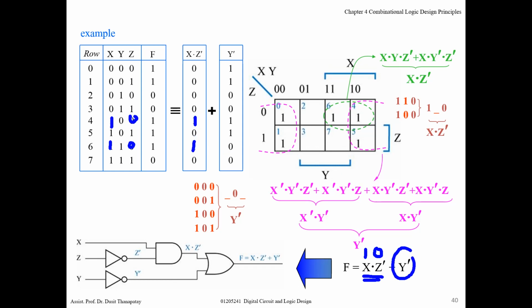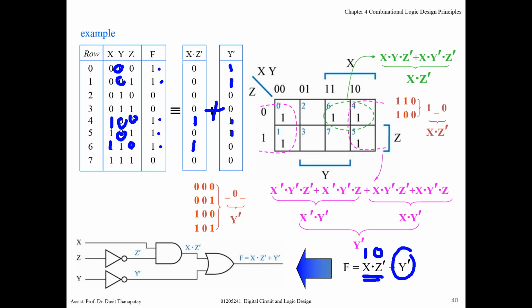And how about this term? Y prime. Y prime will be 1 when y is 0. Namely, there are four cases, right? Y is 0, with x and z being 0 or 1. When you add these two terms together, you obtain the final result that you want.